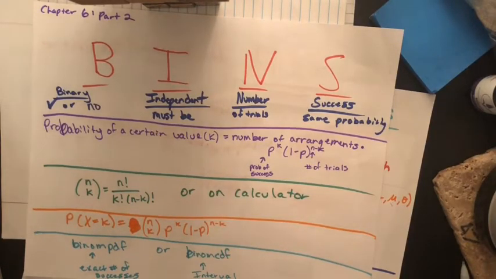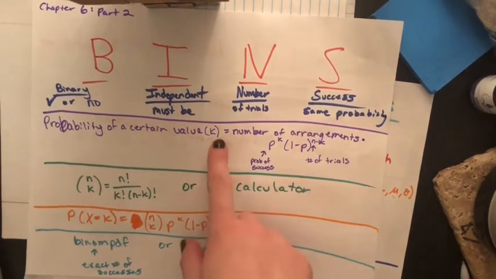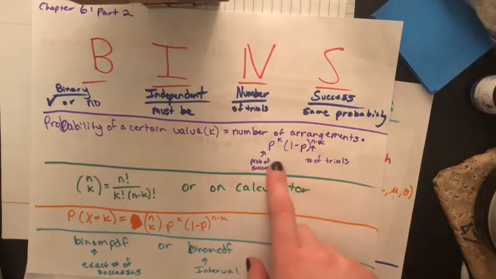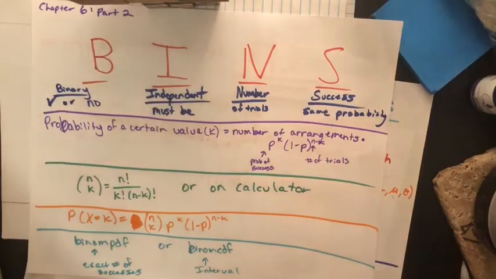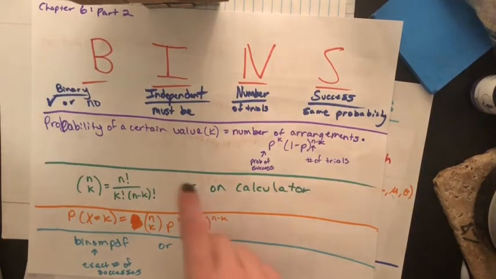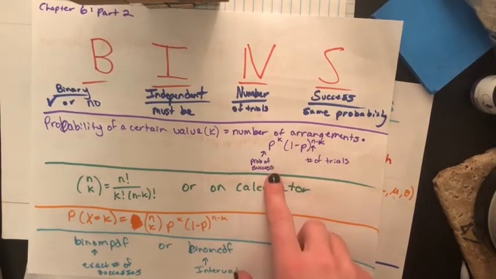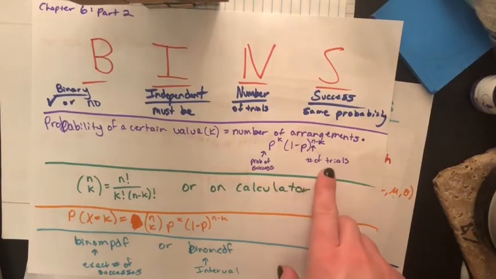So the first equation is the probability of a certain value, k, equals the number of arrangements times p to the k times 1 minus p, and then to the power of n minus k. So that's a lot of variables, but summed up, k is the certain value, p equals the probability of success, n equals the number of trials.